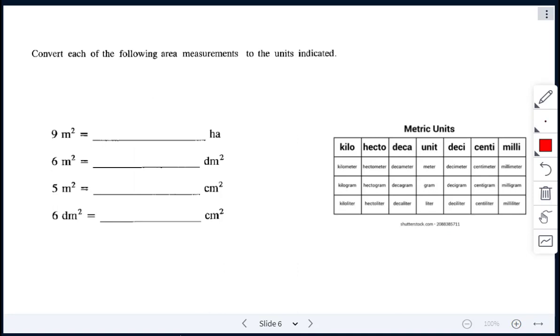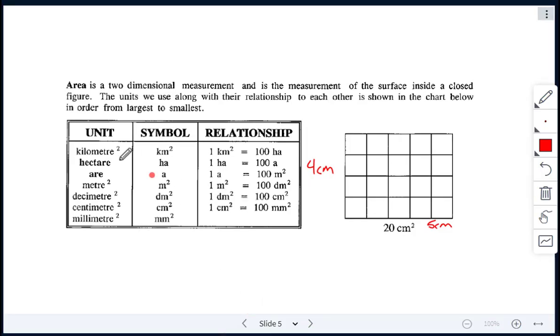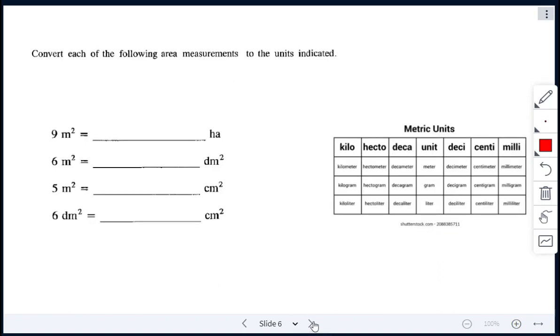So we have 9 meters squared, and we need to change it to hectares, which is basically hectometers squared. If we're moving from meters, which is here, to hectometers or hectares, so 1, 2. But because it's area, you would have to double it. So we're actually going to move it four places.